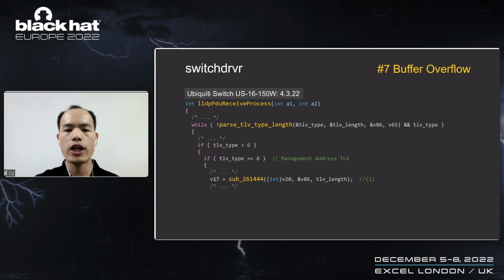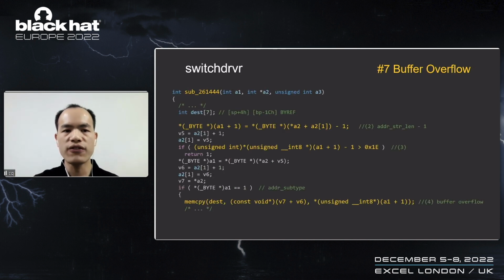If TLV type equals 8, function sub 261444 will be called at 1. In this function, the address string length will be read at 2. Then address string length minus 1 will be stored to memory pointed by A1 plus 1. Later, there will be a validation on this value at 3.